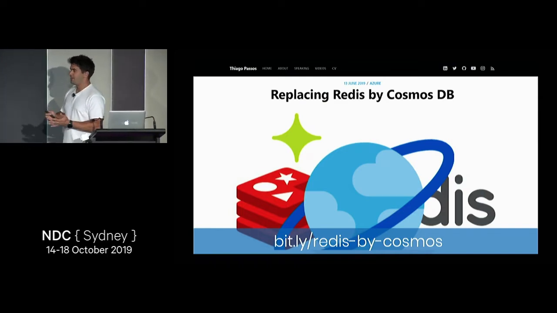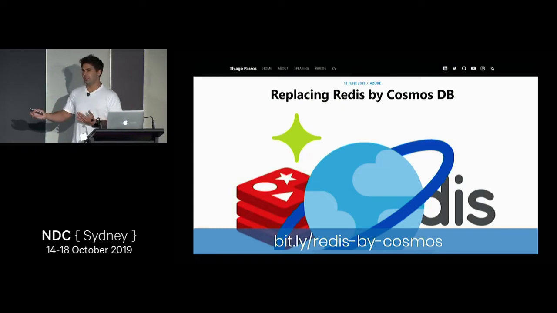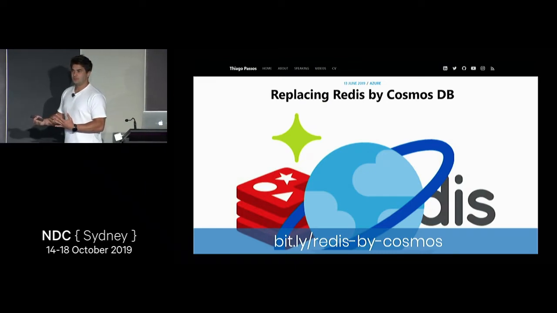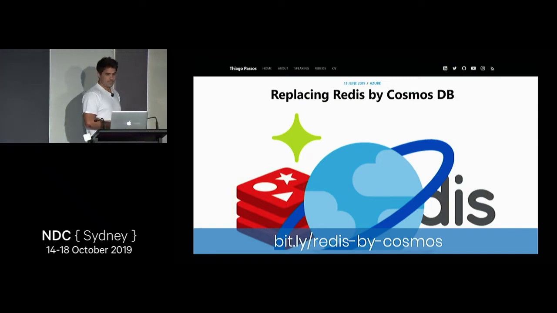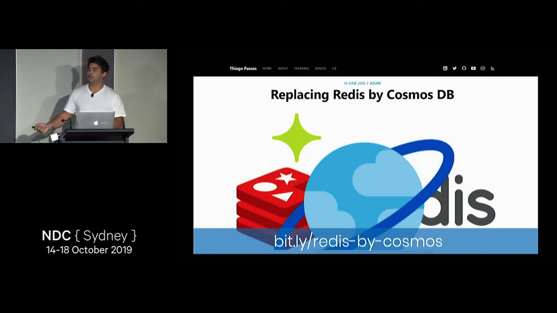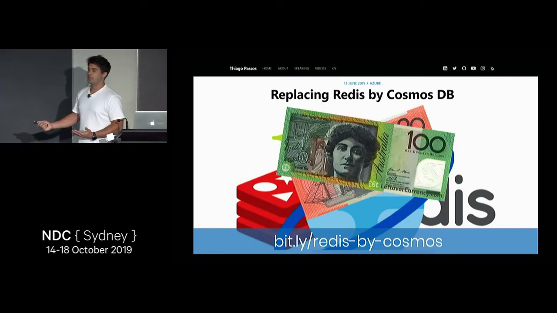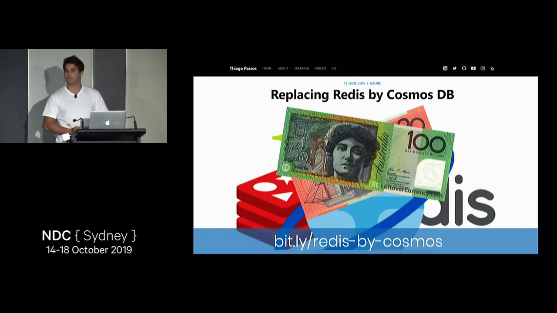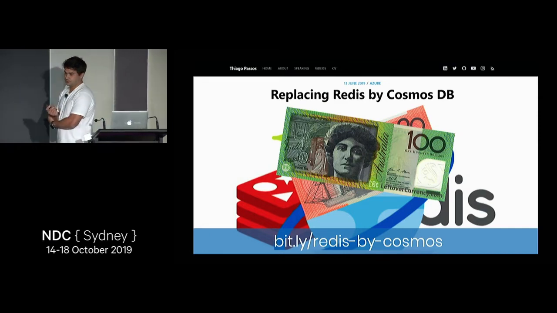So I thought, well, I'm paying that much for caching, and I'm not even using the caching that massively. I need the cache, but it doesn't justify paying $150 a month just for cache. So I moved to the smallest instance of Cosmos, and I could save 120 bucks just by moving. I didn't lose anything in performance, but I was able to save $120. So I started paying just 30 bucks a month with Cosmos DB instead of 150 on Redis. That's a good story about cost.